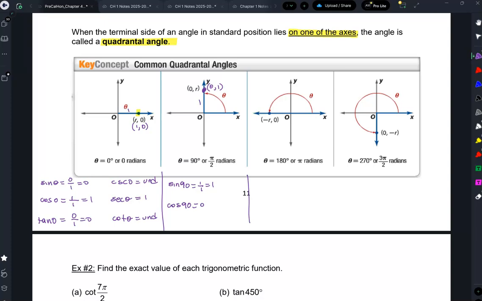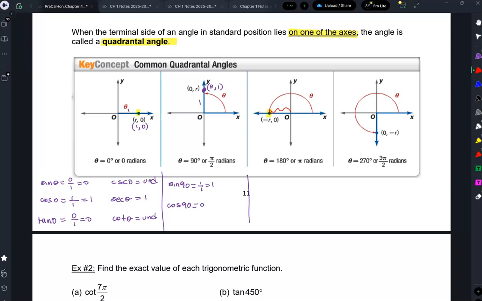Now, why don't we keep the coordinate generic? Let's just say the coordinate is -r, 0. How long is the radius then? It's r. R is a distance. The distance from here to here is r, right?